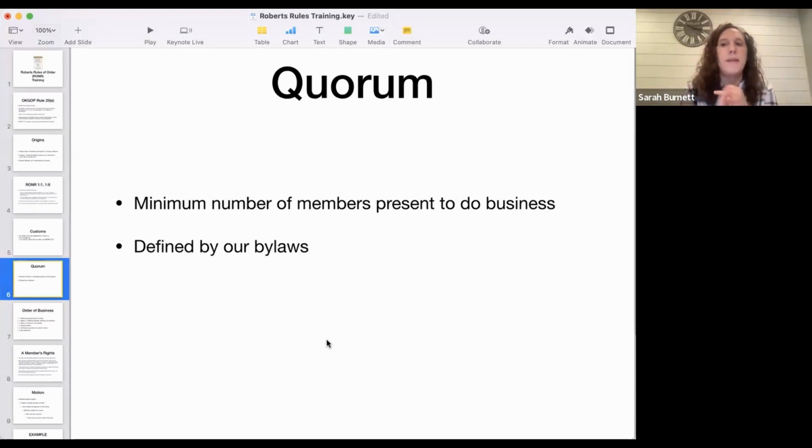For most committees, it's a majority. For a convention, I think it's a majority of those registered. For a precinct meeting, it's every person who shows up. And for the state committee, it's 100 members or more. Once a quorum is present, you can do business. If there is not a quorum present, you can't do business. Again, this goes back to the principle that you need a certain number of members to make a decision that represents an entire group of people.